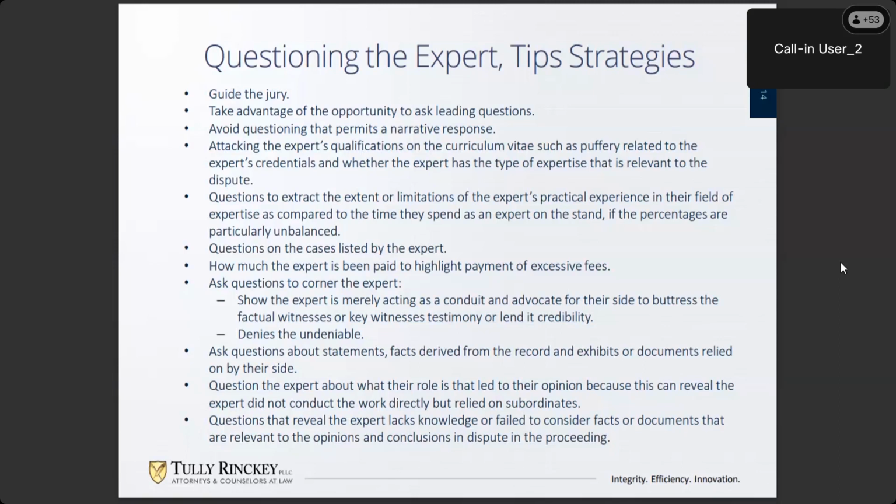The opinion would be negative, perhaps, or different. If that is the case, ask follow-up questions to explore why. Try to corner the expert about why they think a document was not presented to them, or why a document was relied upon by their side and they are not relying on it for their opinion.